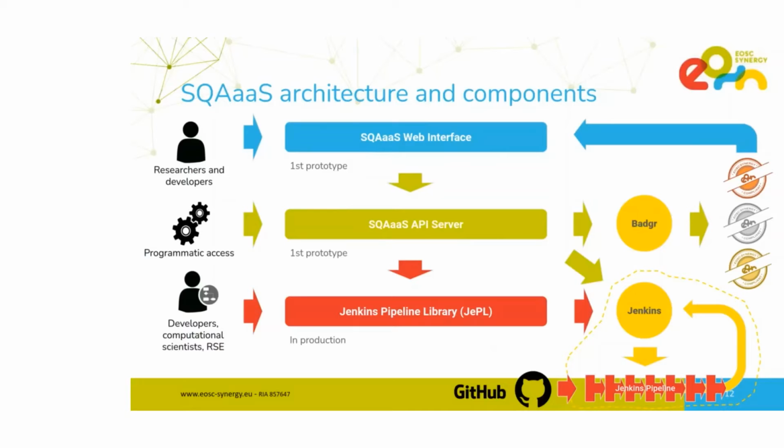For the broader community and for easier build up of the pipelines and assessment of the repositories, there is a web interface. Between the web interface and the JePL library, there is an API server, which also allows programmatic access to the functionality of the library, and communicates with the badger service for issuing the badges.